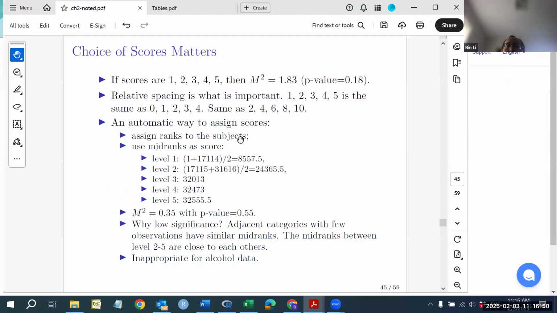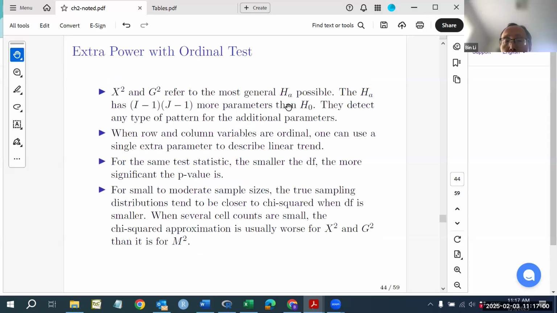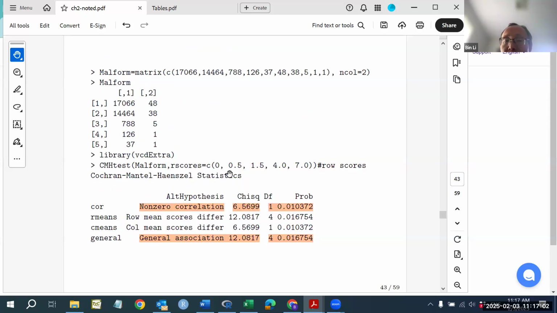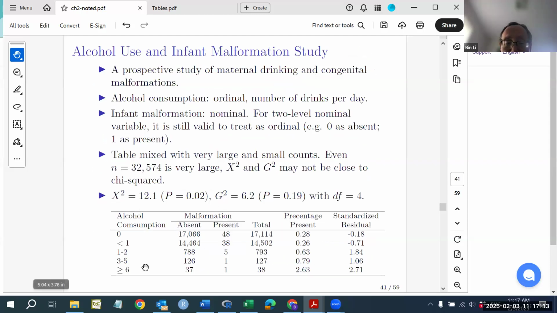The choice of the scores matters. Previously I chose the scores 0, 0.5, 1.5, 4, 7.0 for these 5 categories.